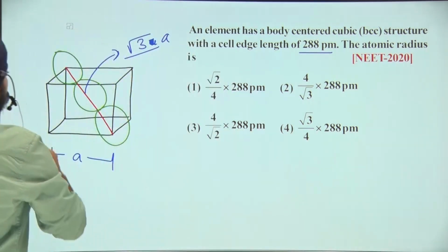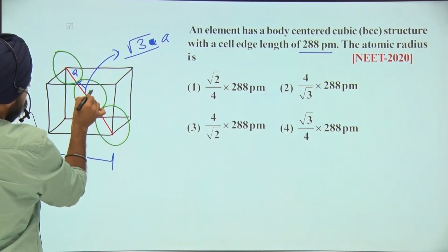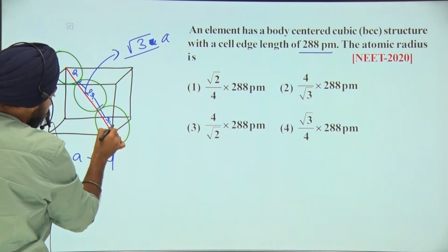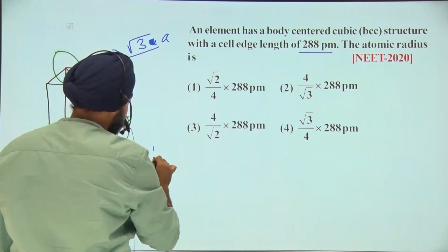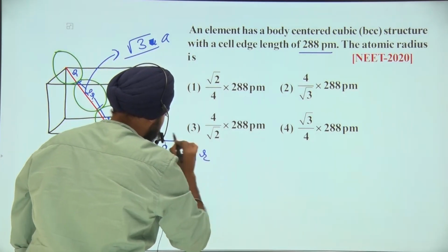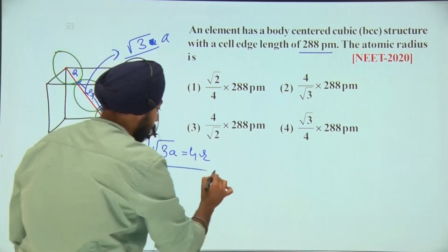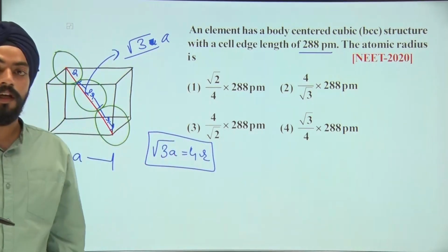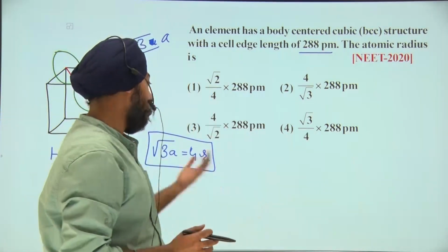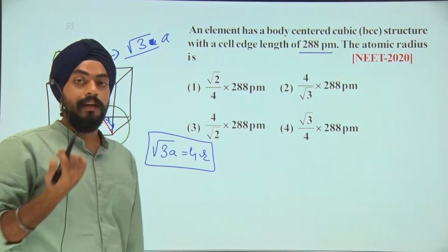Now this root 3a will be equal to r plus 2r plus r, that is 4r. So the relation between the edge length and the radius is root 3a equals 4r. Students, we have been given the edge length, 288 picometers. We just have to substitute this value in this equation to calculate the atomic radius.